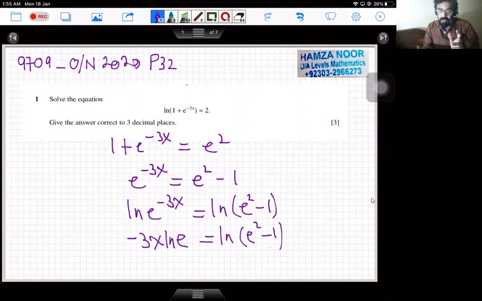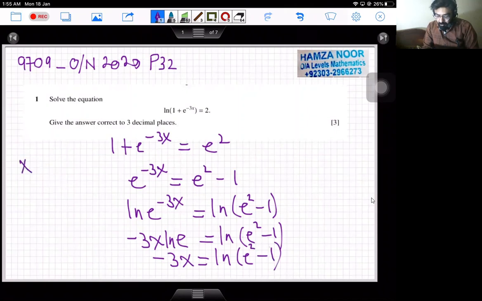And ln e is itself equal to 1, because log to its own base is 1.